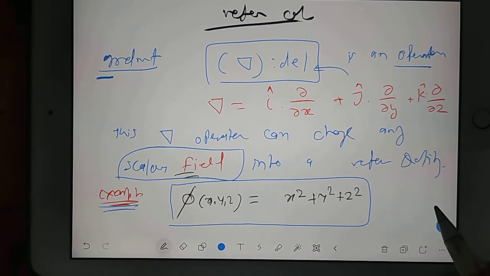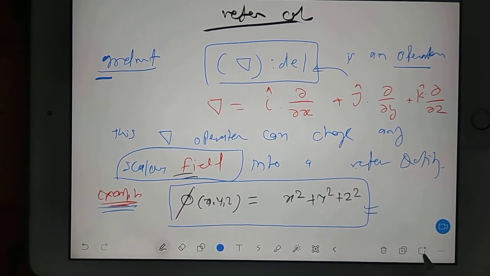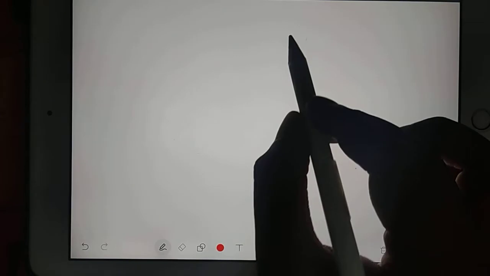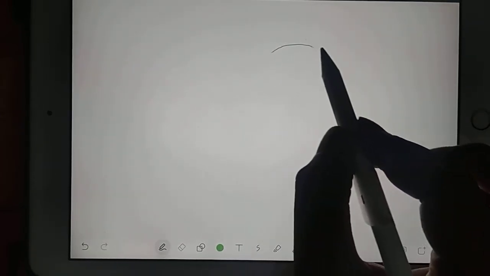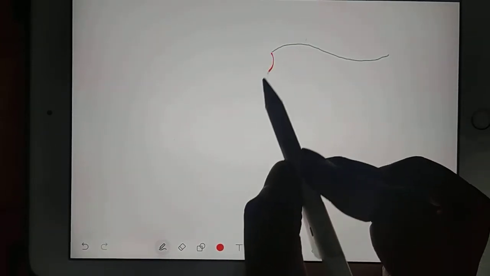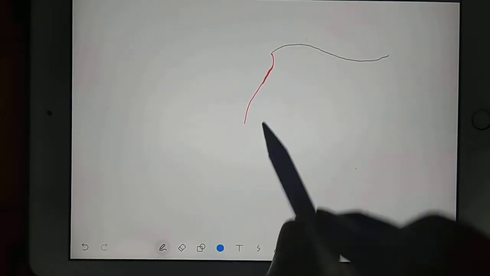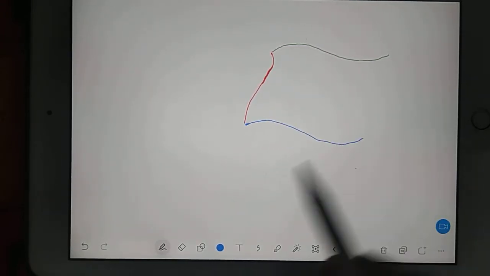I will change the page. I have to explain something. Suppose, just copy down this. Suppose I am considering here any field. You will get my point of what I will say. This kind of diagram you might have seen somewhere.